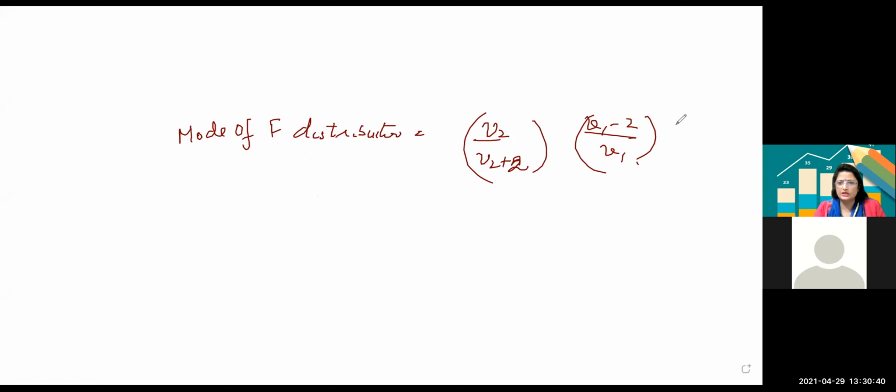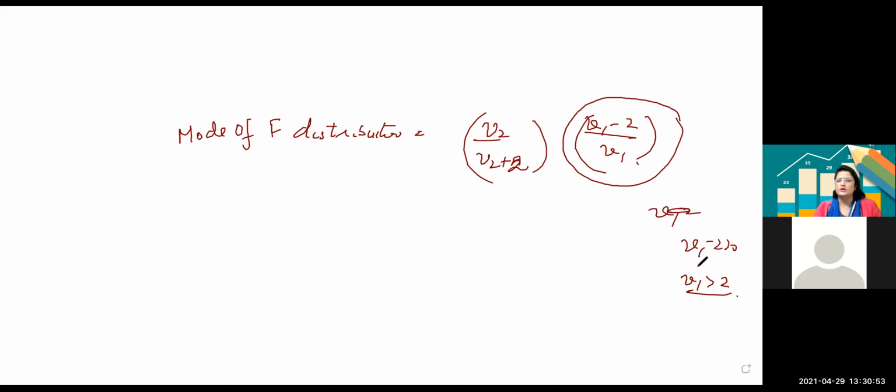So आप इसमें क्या चेंज करेंगे so that your value is less? और आपके पास कंडीशन क्या है? nu1 minus 2 is greater than 0, that is nu1 is greater than 2. So how will you prove it? The value is less than 1. Whatever the value of degrees of freedom you are putting, the value of the distribution must be less than 1.